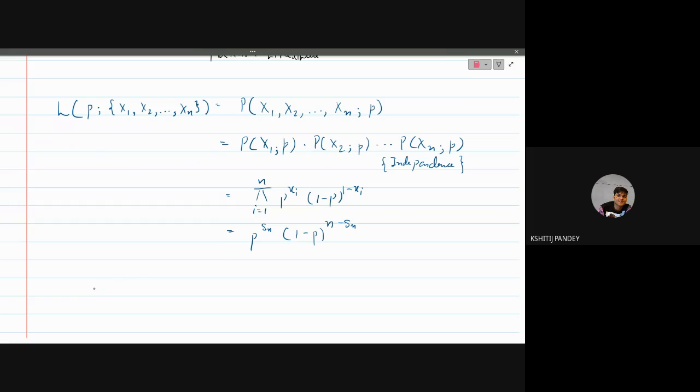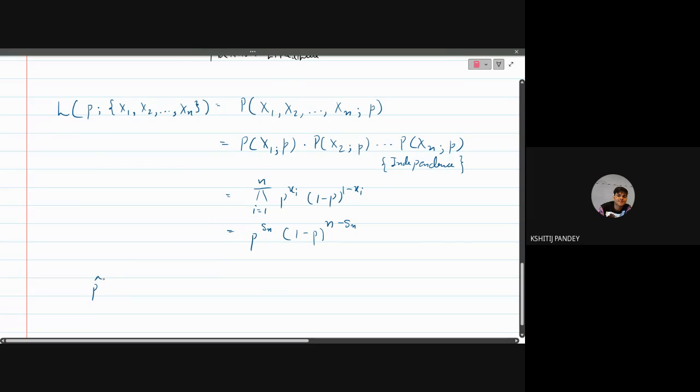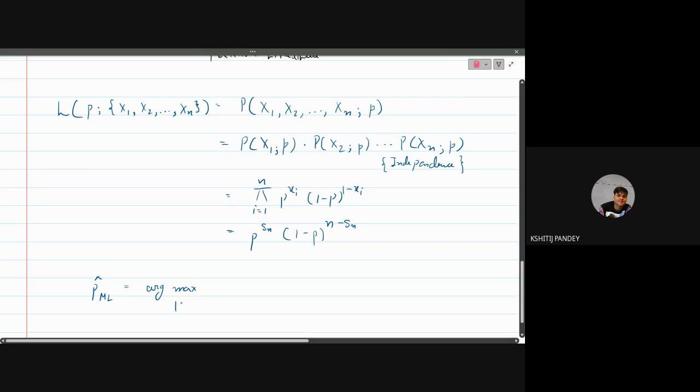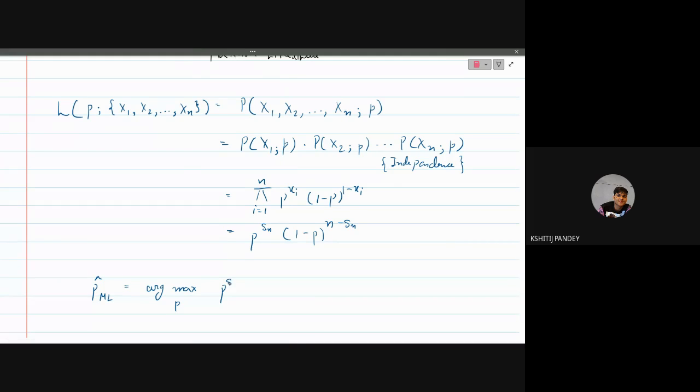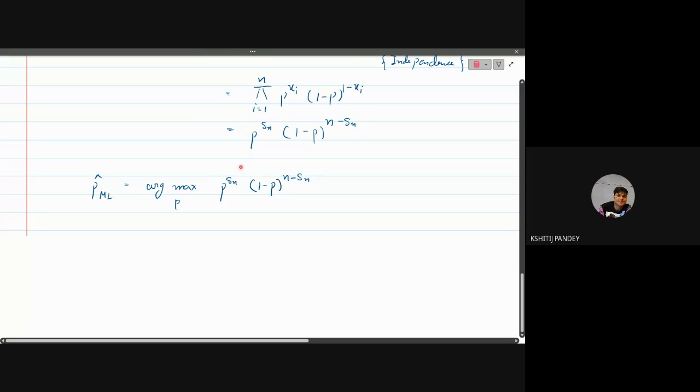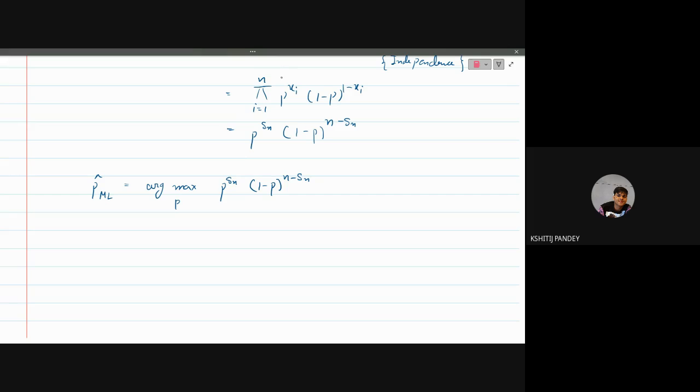Yes. So now we just have to maximize this. So we want to find p hat maximum likelihood, which is equal to the value of p that maximizes the likelihood function. Now, as here we have a lot of things in the power, to deal with this we can take log on both sides.